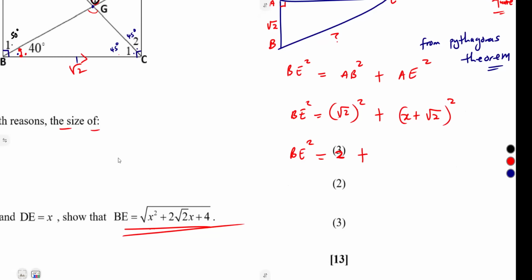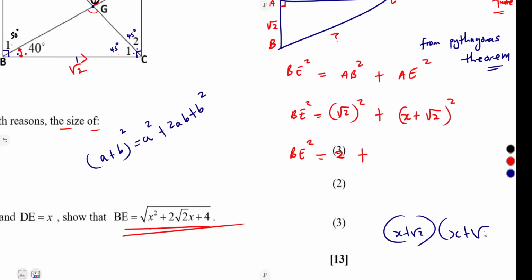We've got that binomial expansion, (a plus b) squared equals a squared plus 2ab plus b squared. Or you can simply have two brackets, (x plus square root of 2)(x plus square root of 2), and expand them, or simply use this concept. So this is our a and this is our b. Where we've got a squared, it means x must be squared.